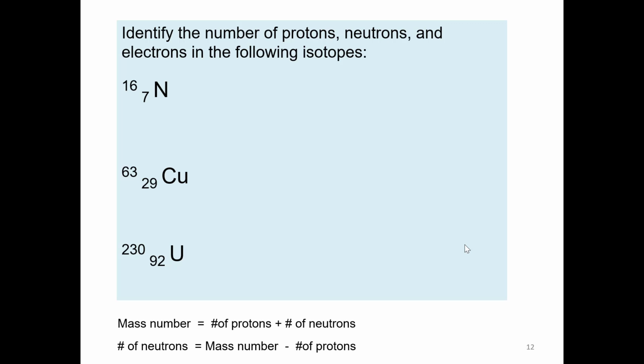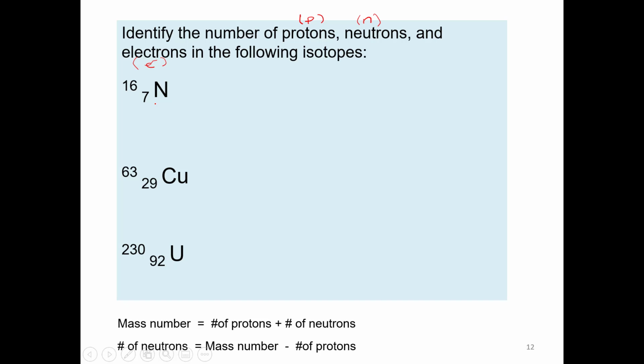In this example, we want to identify the number of protons, neutrons, and electrons in the following isotopes. Let's identify the protons using the letter P, neutrons using N, and the electrons using E. We want to find how many protons, neutrons, and electrons we have in each of these isotopes.